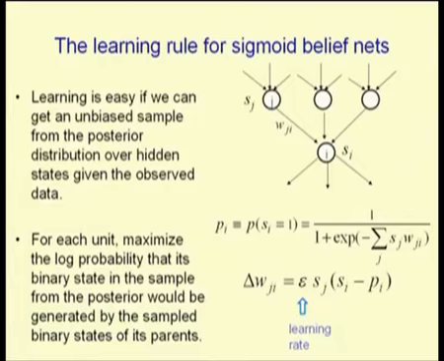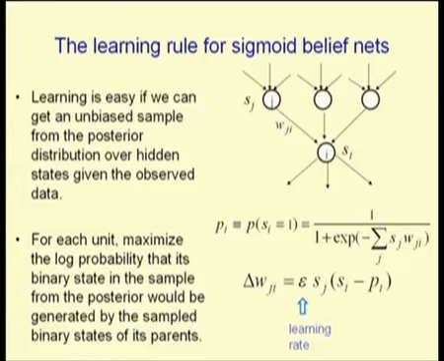The probability of producing the observed binary state I'll call p_i. That's the probability that this is 1 given the states of these guys, which, ignoring biases, is the logistic of the sum of these weights times these states. So that's the probability the units up here would have turned it on, p_i. And we have some actual state for it, s_i.